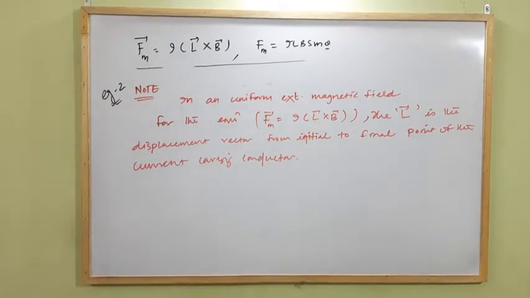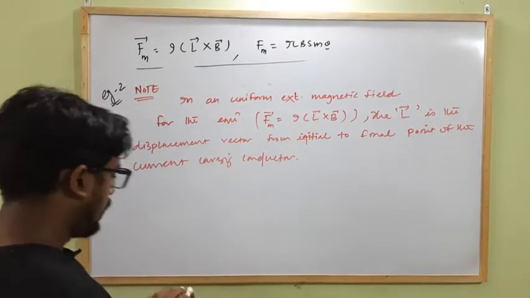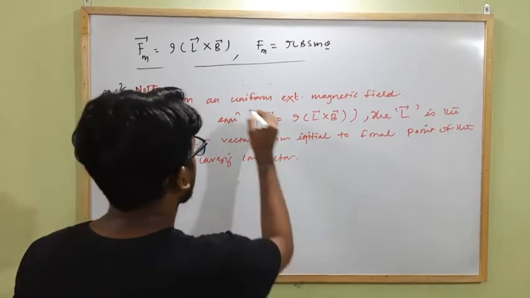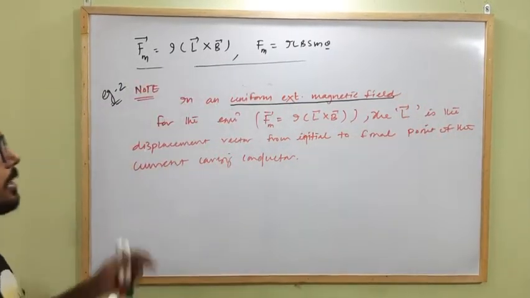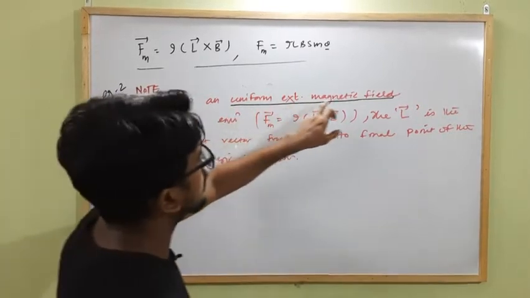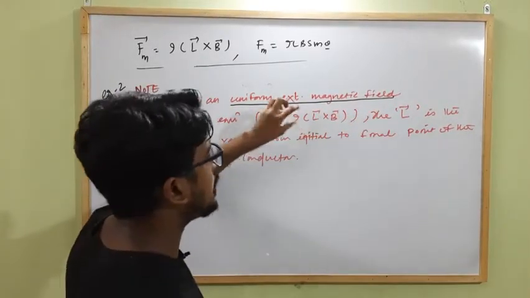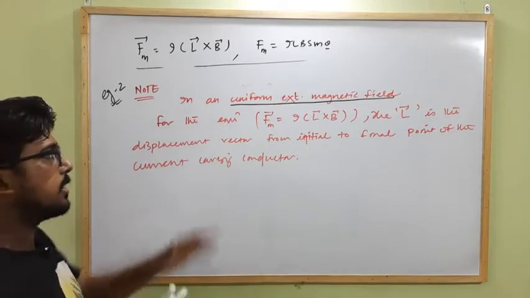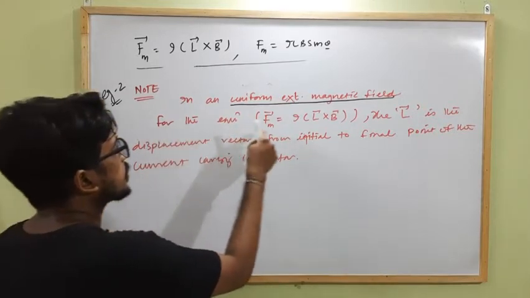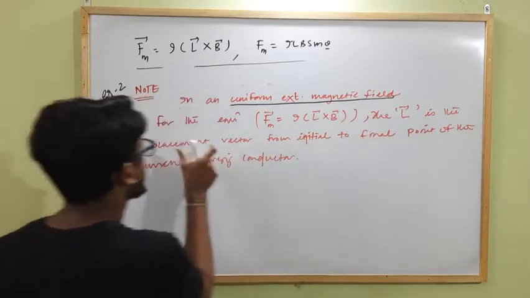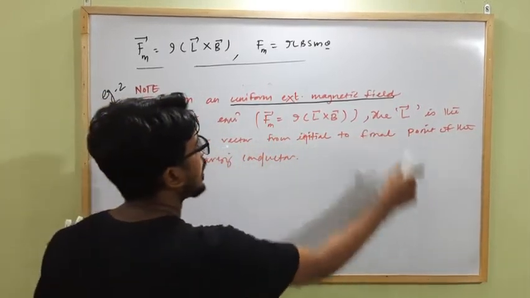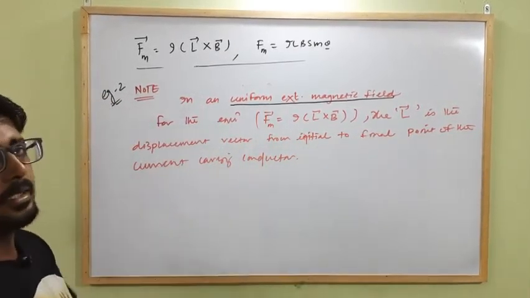You have to remember this case only applies for a uniform external magnetic field. If the current carrying conductor is present in a uniform external magnetic field, that means the magnetic field is the same all over the region, then for the equation F equal to I into L cross B, the L vector is the displacement vector from initial to final point of the current carrying conductor.